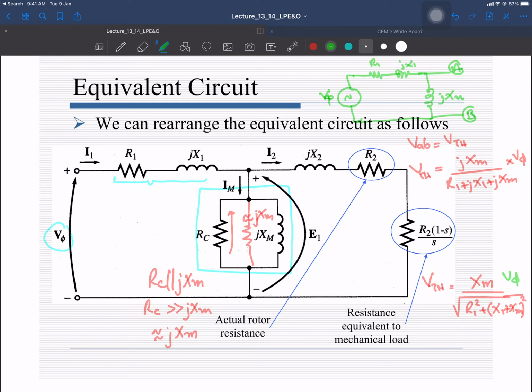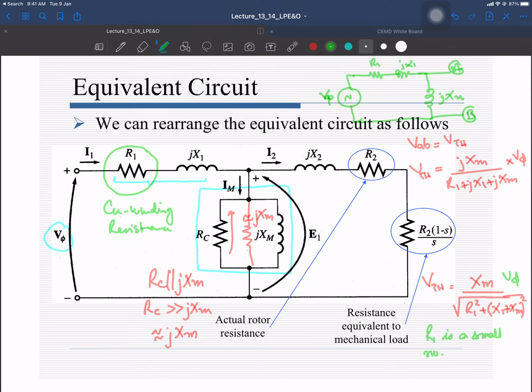Now what is R1? R1 is the resistance of the copper winding that is used in the stator. So this resistance is usually very small, usually in the range of either milliohms or a few ohms.